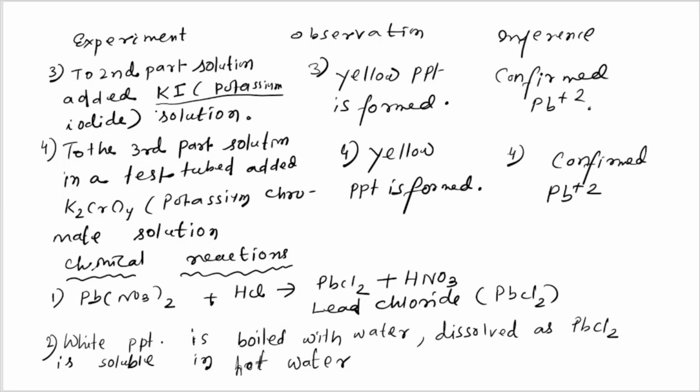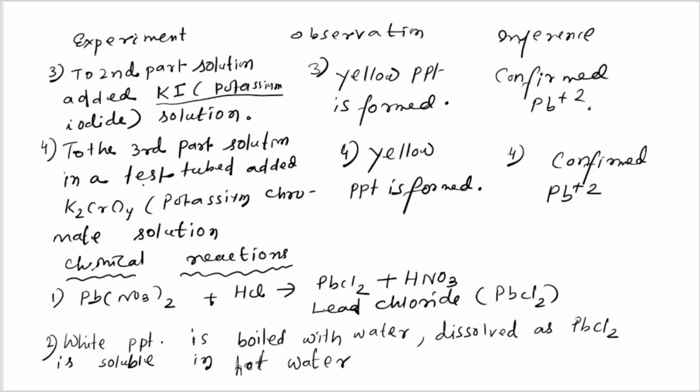Because lead iodide is a yellow precipitate. KI is colorless, but when it is added to that hot solution divided into 3 parts, it confirms Pb2+. Confirmation finished.